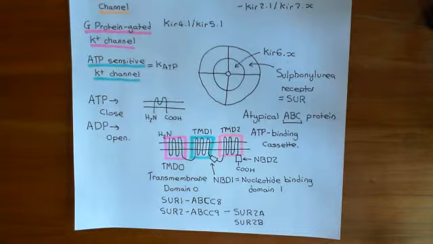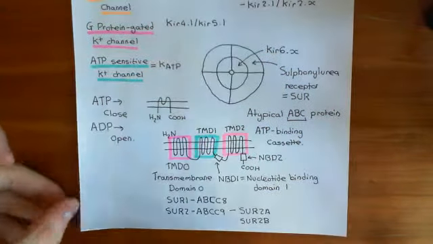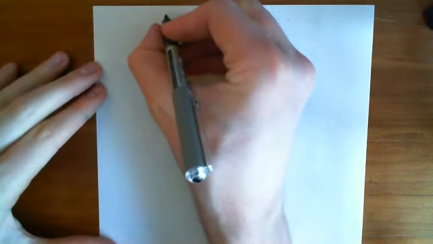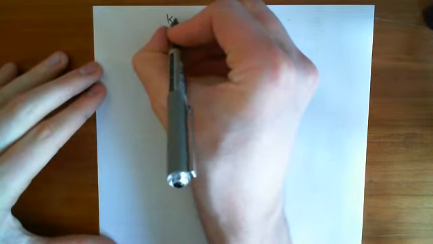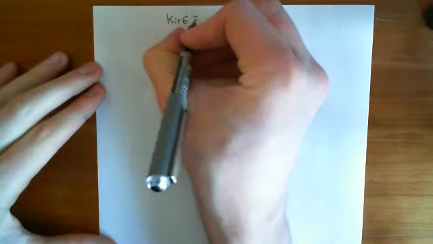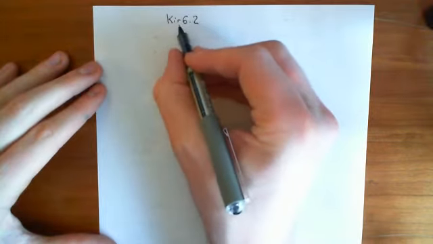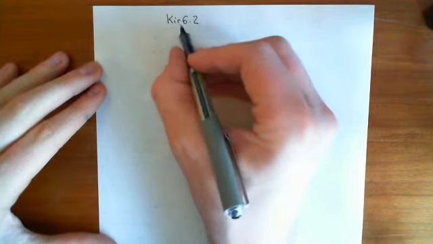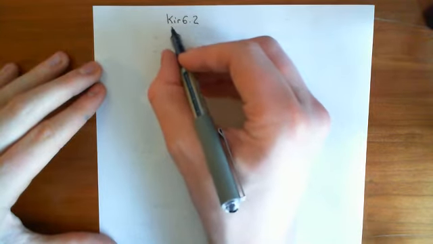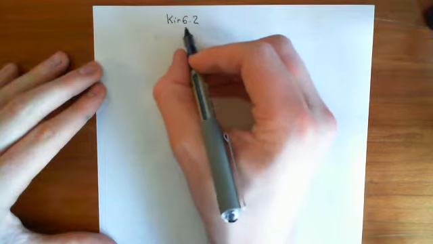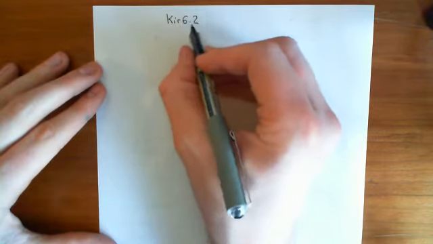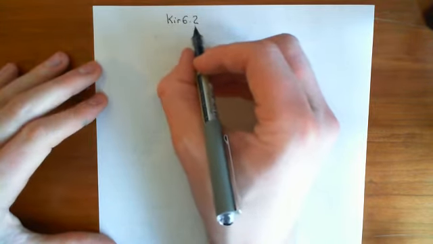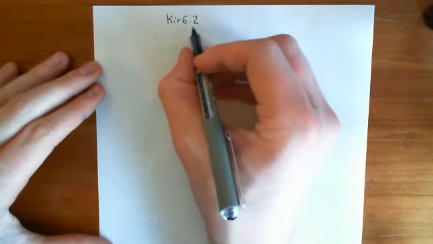Okay, right, so let's now talk about the form of this that you have within the pancreatic beta cells. So, the specific form that you have within the pancreatic beta cells is made up of a tetramer of KIR 6.2 subunits. So remember, in the 6th family of inwardly rectifying potassium channels, there were 2 genes, basically. There was the KIR 6.1 and the KIR 6.2. So you're going to use 4 KIR 6.2 proteins to make a homotetramer, okay?